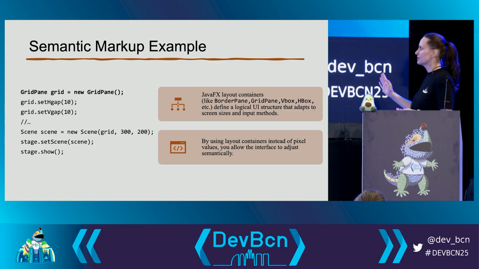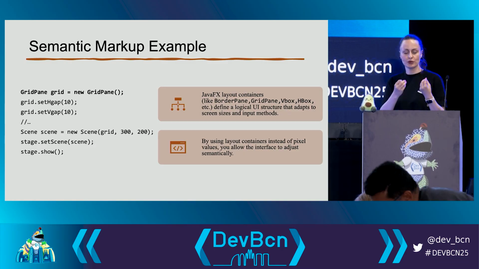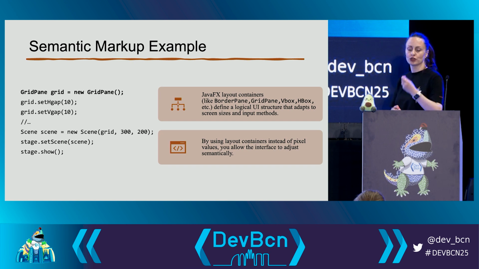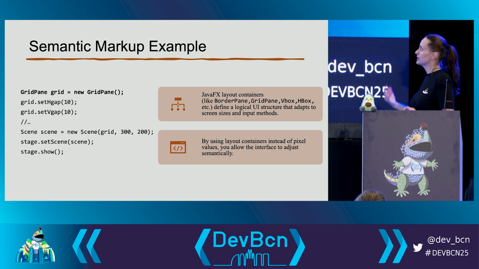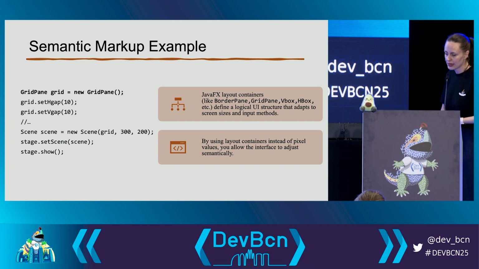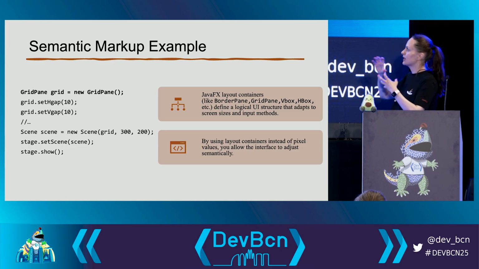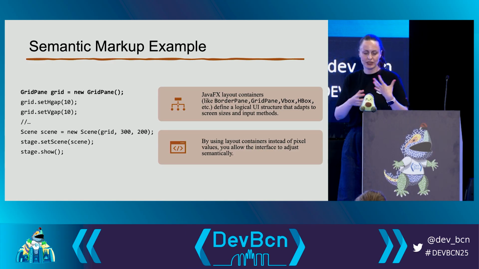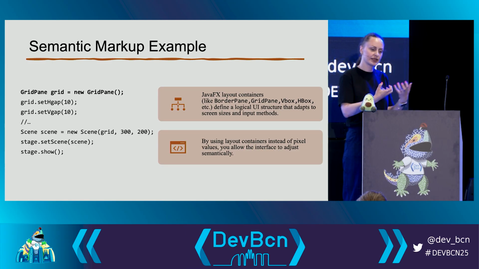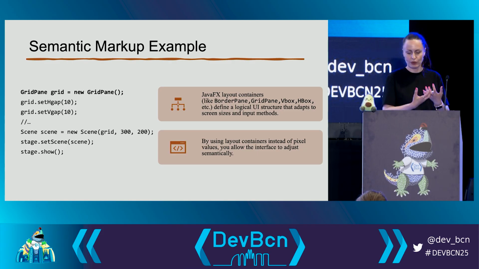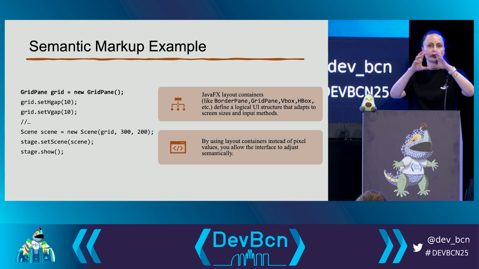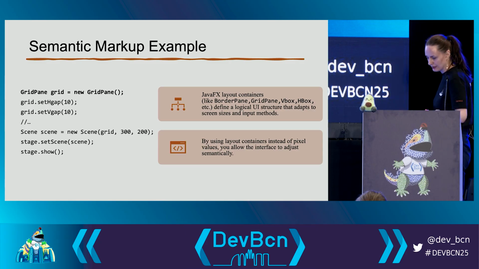But for Java desktop applications, we need to ensure that the user interface components are structured properly. And we can use layout managers, or layout containers, to allow the interface to adjust semantically instead of using pixel-type settings. So try to avoid setting sizes in pixels and try to render accordingly to how the screen could scale.